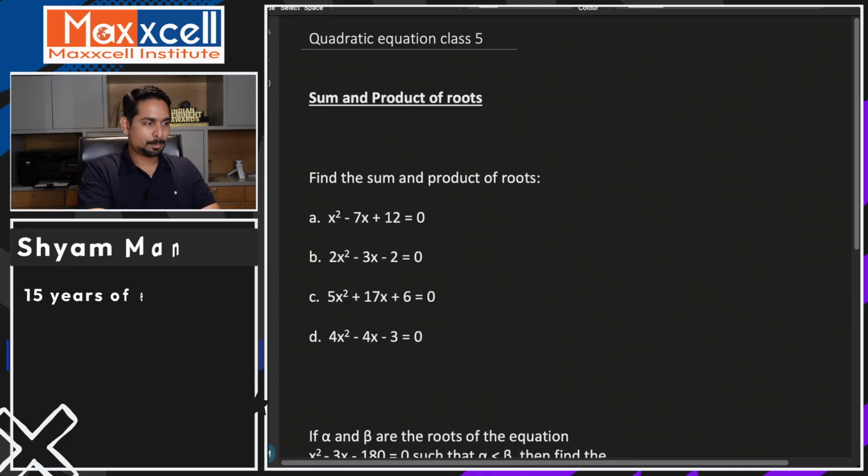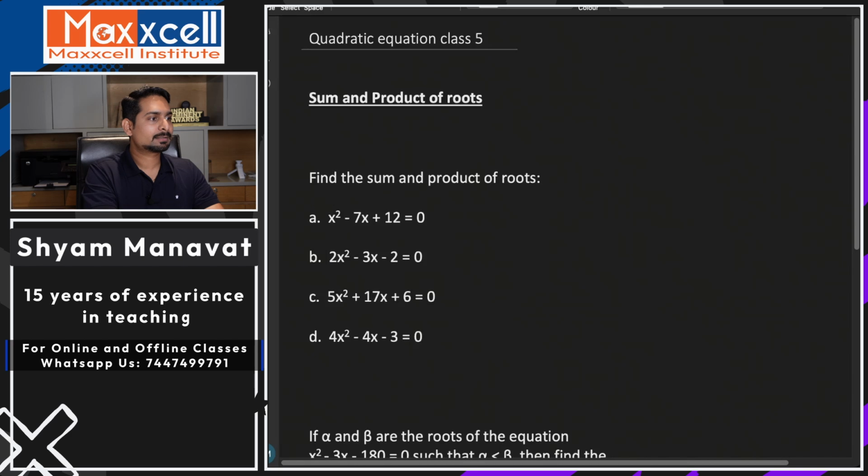This is a concept builder video in which we are going to learn how to deal with sum of roots and product of roots. So let's get started. Sum of roots or product of roots, that you can get with the reference of the quadratic equation in the form of roots.